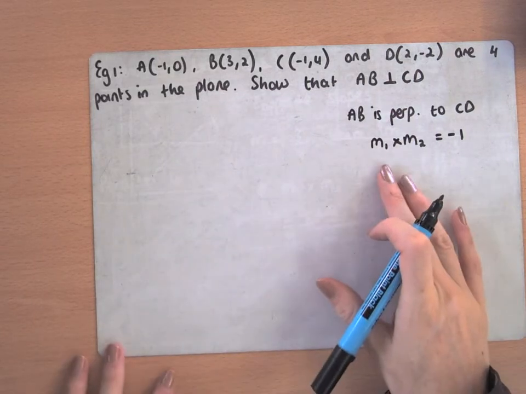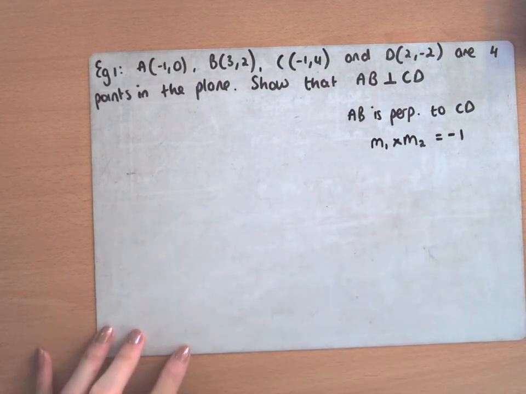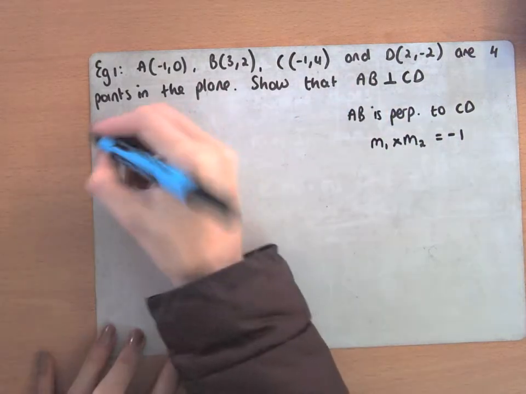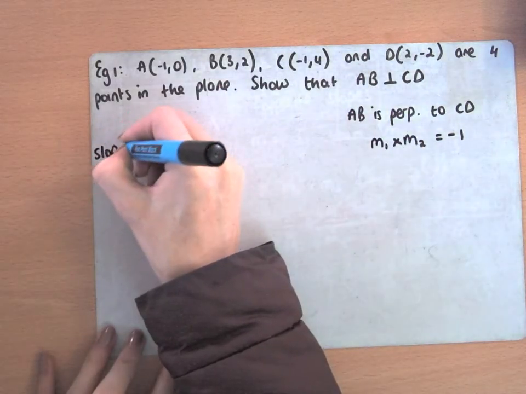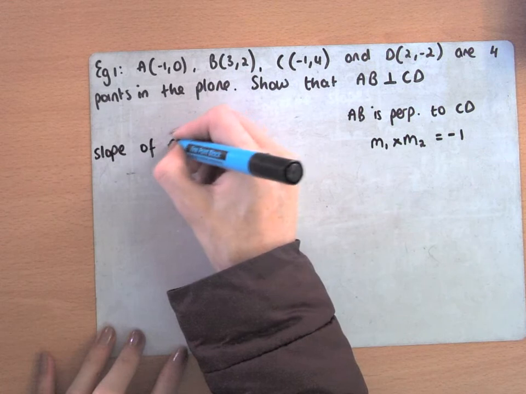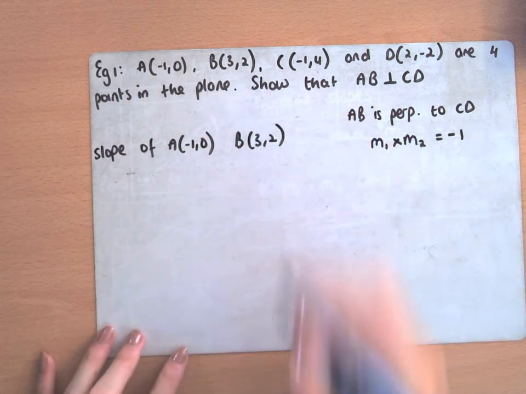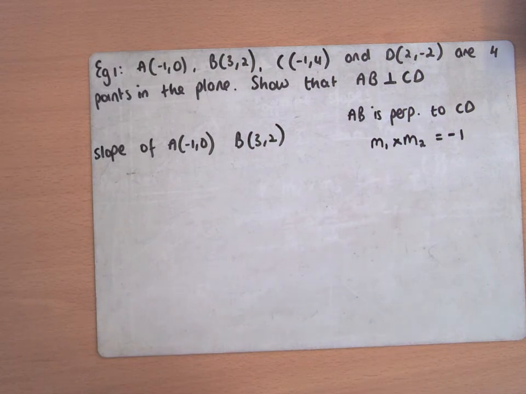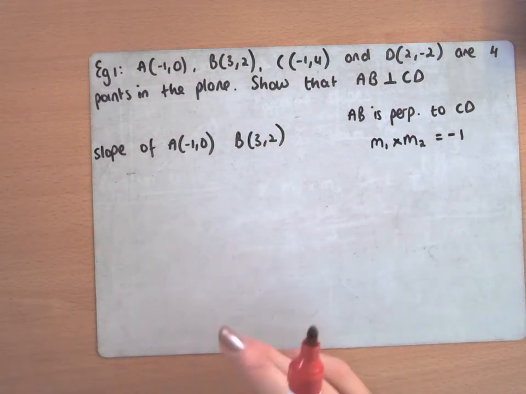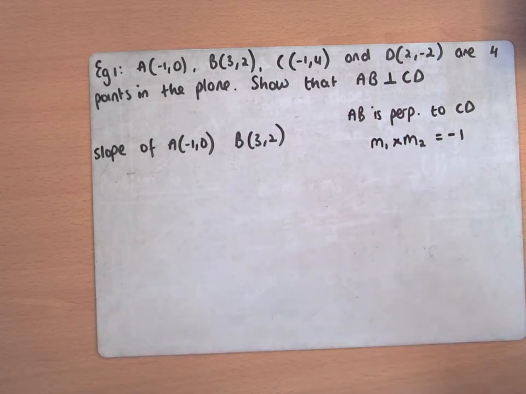So M1 is going to be the slope of AB. So write down, there's A and there's B. What's my next line? I don't have a picture, so I'm not going to use rise over run. There's no point. So what will I use instead of rise over run? The formula, exactly.